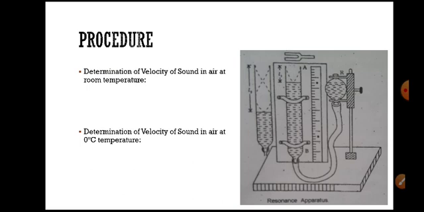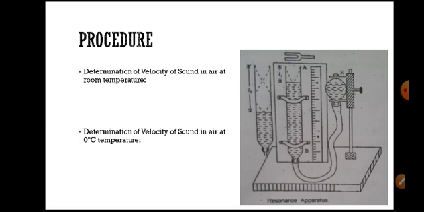So now take the tuning fork of frequency, take it as N and note down the frequency, and it is excited with a rubber hammer. Vibrate the tuning fork with the rubber hammer and hold this tuning fork above the open end of the iron tube or the main tube.